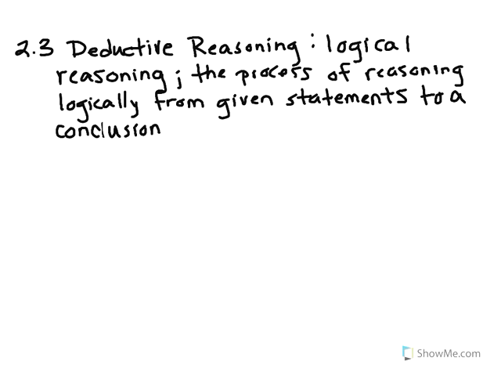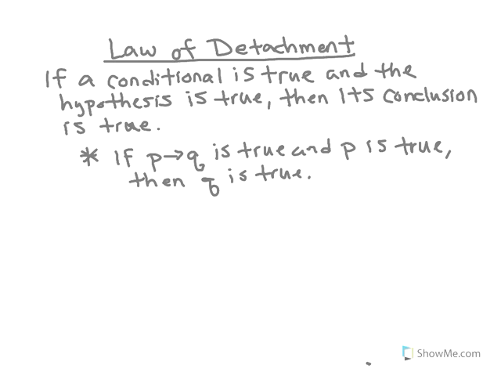And in mathematics, there are a couple different ways of looking at this logic to make it a little easier on ourselves. There are two big laws that we need to know about, and we're going to talk about them right now. The very first law is called the law of detachment.